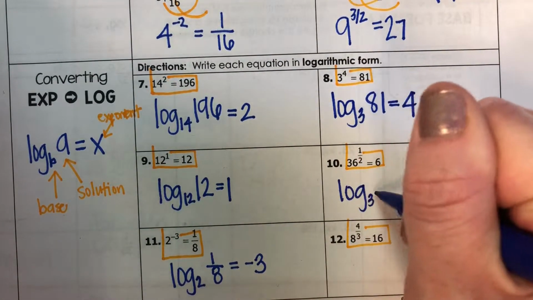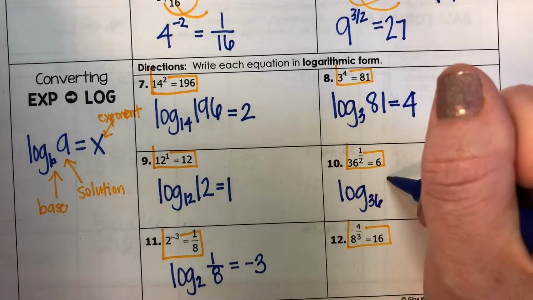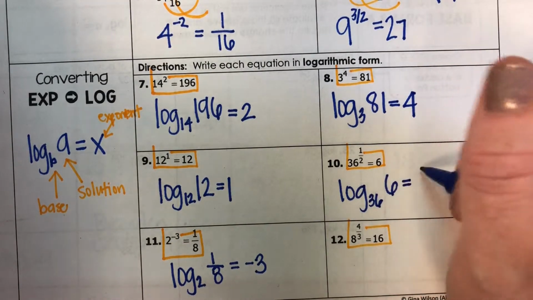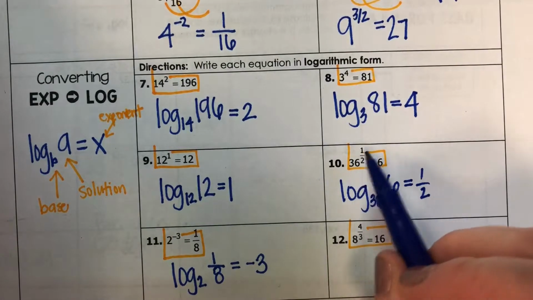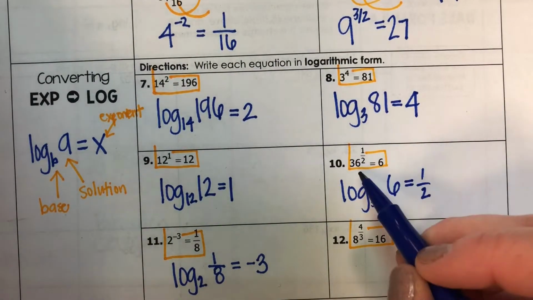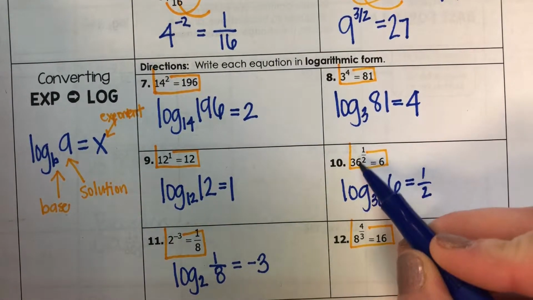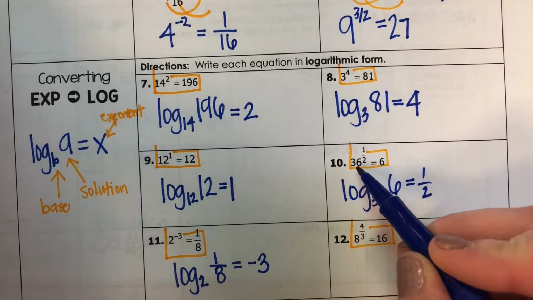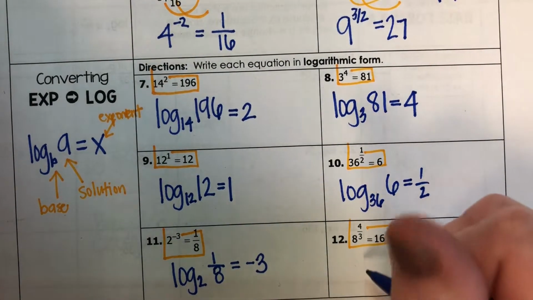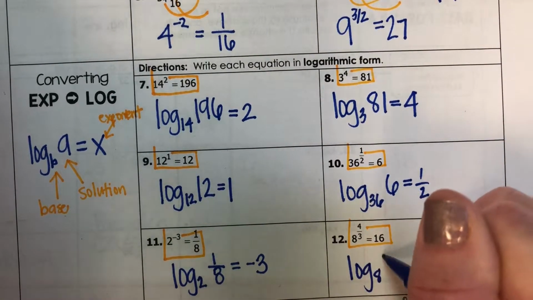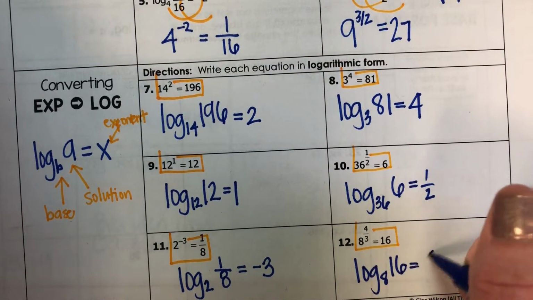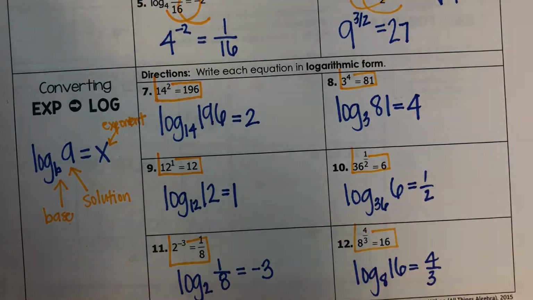Here I have log base 36 of 6 equals 1/2. Raising something 36 to the 1/2 power is the same thing as taking the square root of the number. So square root of 36 is 6. Okay, so that makes sense. Here I have log base 8 of 16 equals 4/3.